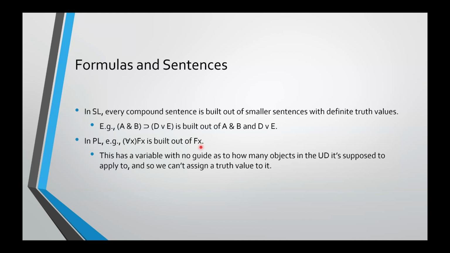You have a variable, but with no quantifier there, you don't know how many objects in the universe of discourse the variable is supposed to apply to, whether it's supposed to apply to everything in the universe of discourse or one thing in the universe of discourse, et cetera, et cetera. So this doesn't have a truth value, right? Whenever you're building sentences in SL, you're always building compound sentences out of things that have truth values. You're not doing that in PL.